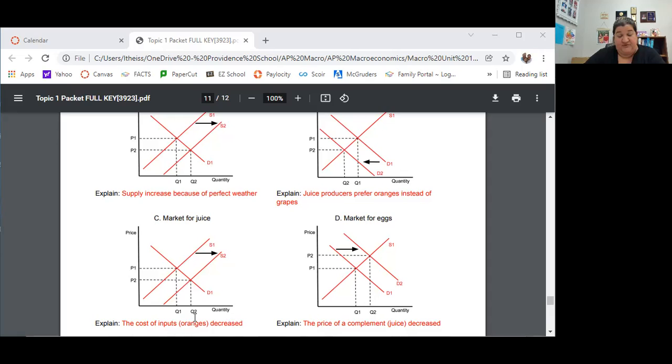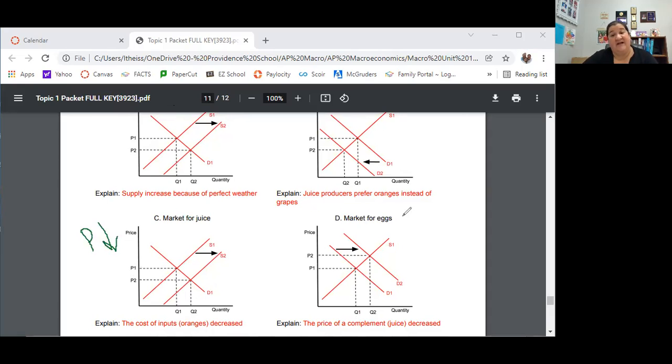The cost of the input, the oranges decrease, so it's going to increase my supply. So again, compare my equilibrium points. The price for juice, what happened to my price? It decreased.